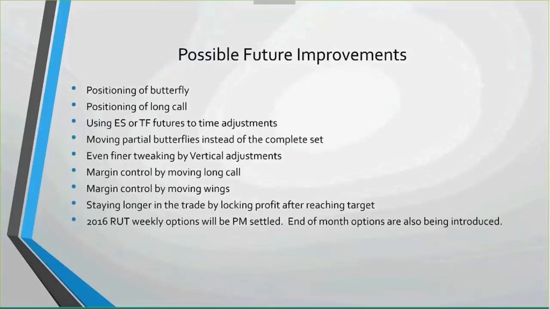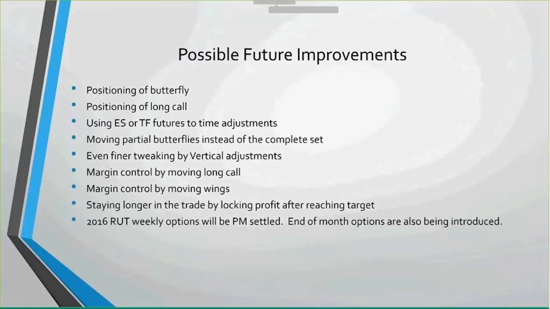And the same goes for margin control, which can also be done by moving the wings. And you can stay in the trade longer by locking. There are creative ways to lock a profit by either moving the wings or moving the shorts wider and still be in the trade, hoping for some extra cash, like playing with house money.